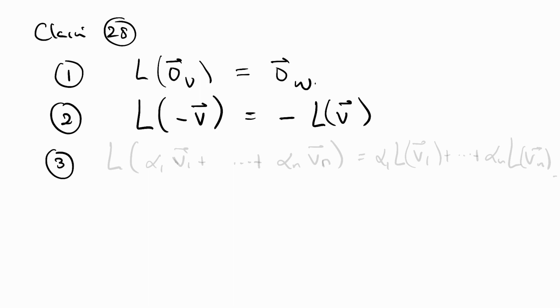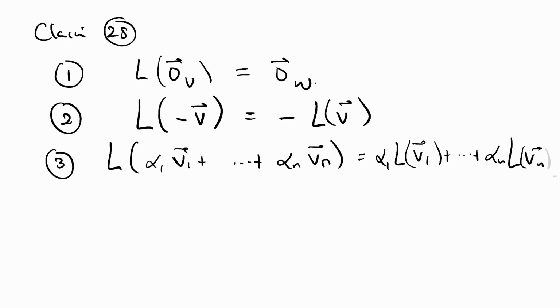And 3. The linear transformation acts as you would expect it to on a linear combination of vectors, plus alpha n L Vn. This is what we know.